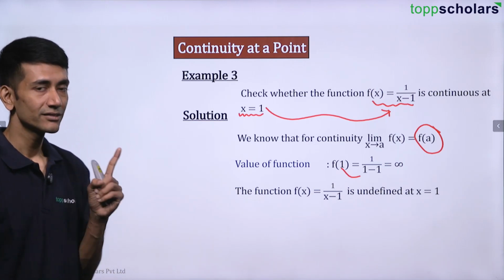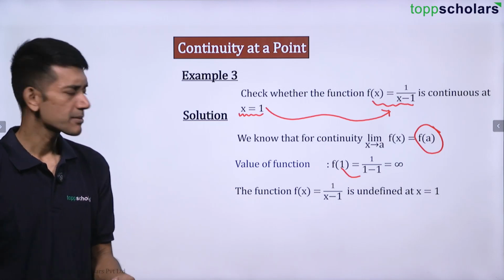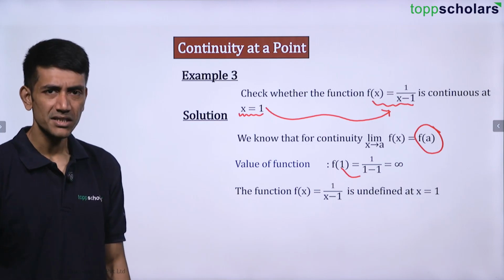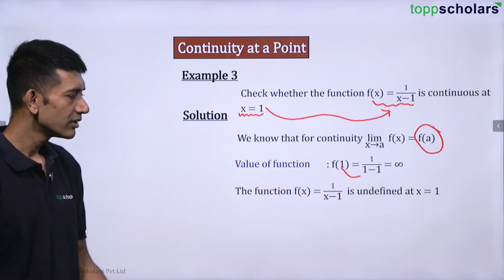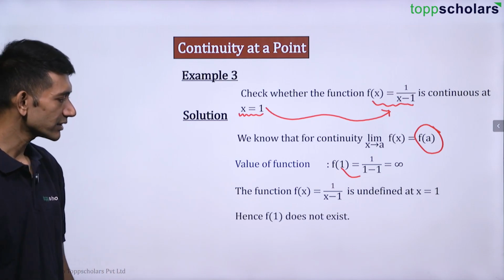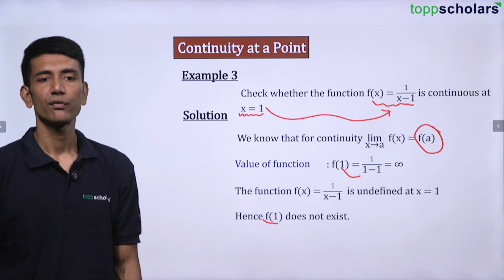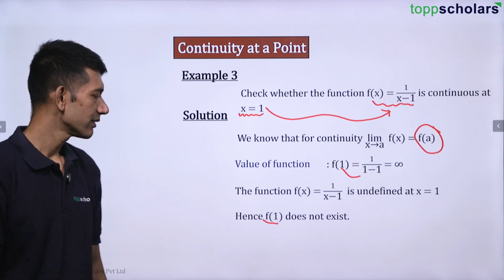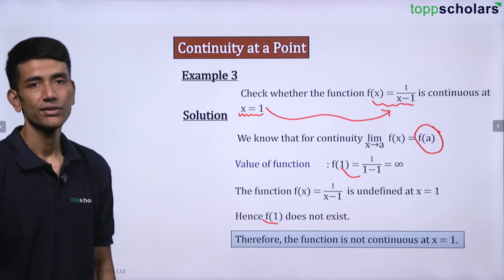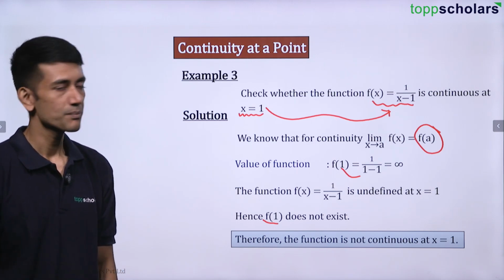So one of the conditions, that the limit as x tends to a of f(x) should exist. So is the value existing here? The value is not existing. We can say that the function is not defined at x = 1. And since the function is not defined, f(1) does not exist. And when f(1) does not exist, we can say that the function is discontinuous at x = 1. So this function clearly is discontinuous.